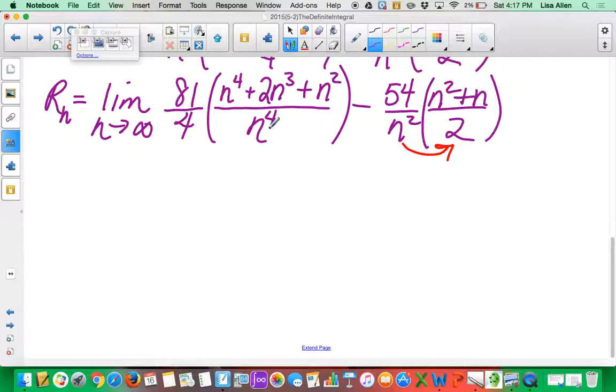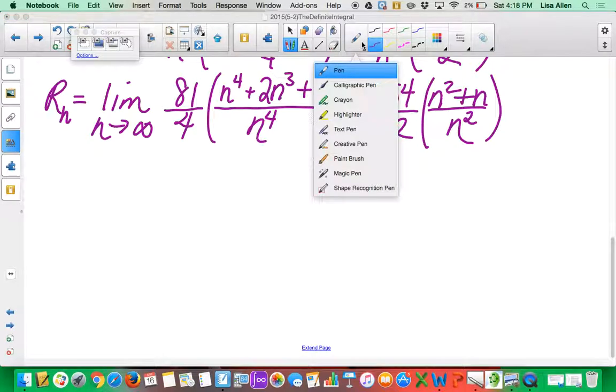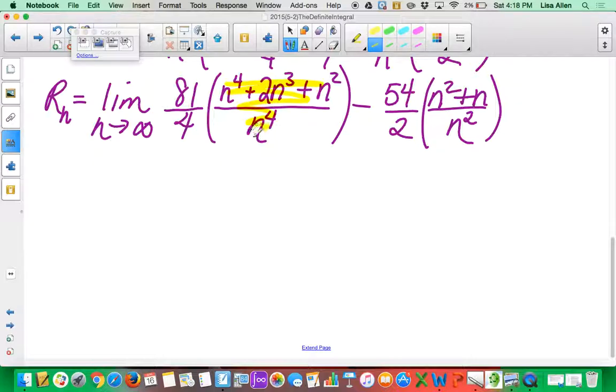I'm going to switch this n squared and put the 2 out front. I recall that with limits at infinity, when the degrees of the numerator and the denominator are the same, then the limit at infinity is the ratio of the coefficients of the leading terms of that rational expression. So let's take a close look at the rational expressions that we have in both places.